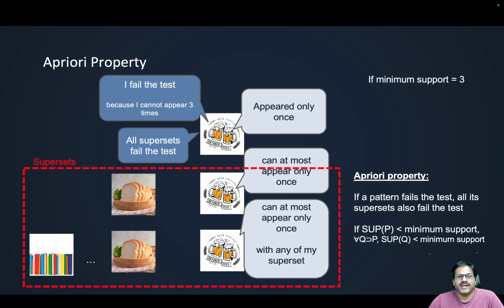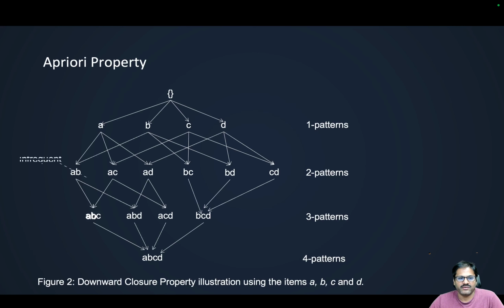This property is called a priori property. That is, if a pattern fails the test, all its supersets also fail the test. Let us see how powerful this property is in reducing the subspace.